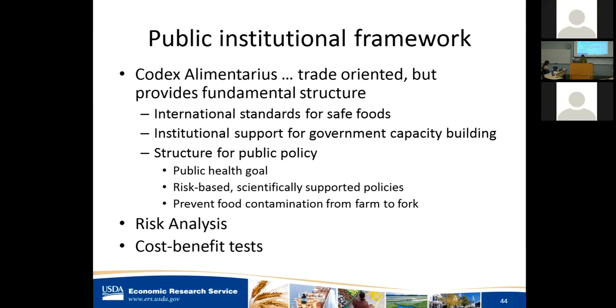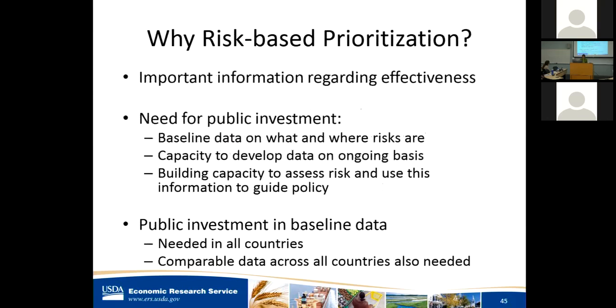The information developed in the global burden of disease forms a foundation for that kind of analysis. It can provide a foundation for developing better information at a national level, for showing where public investment is needed in epidemiology and risk management. It's a starting point for understanding where we can intervene most effectively.